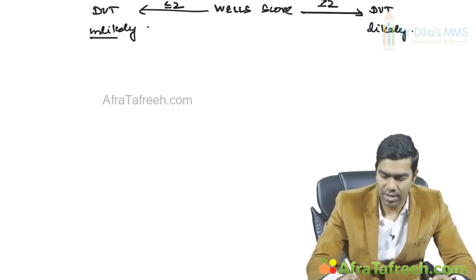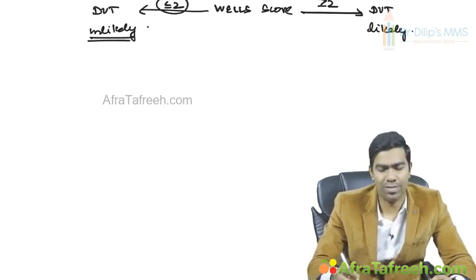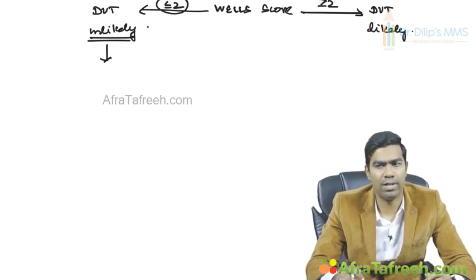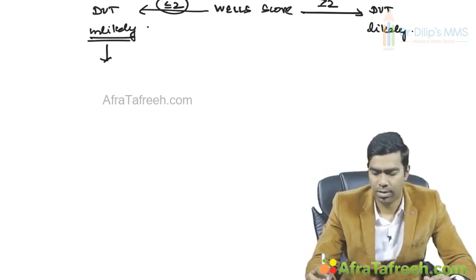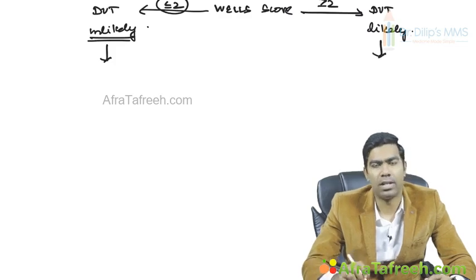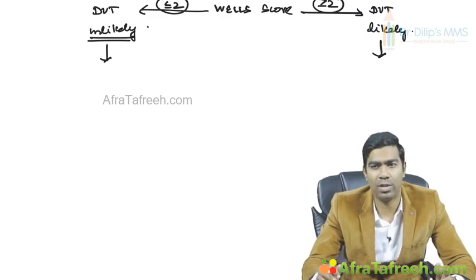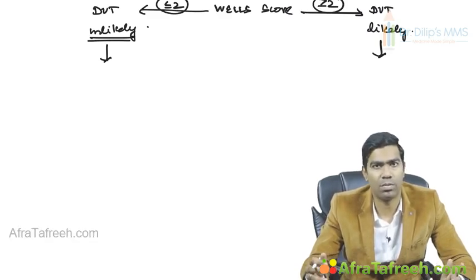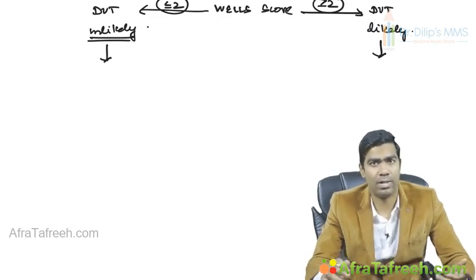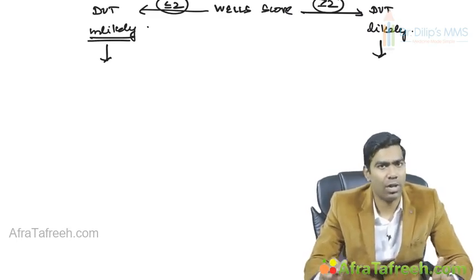Whenever the DVT is unlikely and the Wells score is low, you're trying to rule out a DVT, which is just a possibility here. But if the DVT is likely, you're trying to make a diagnosis of a DVT. The score of more than or equal to 2 means it's a high risk and you're trying to find out a DVT where the possibility is more than just a possibility. So that's how you have to understand.